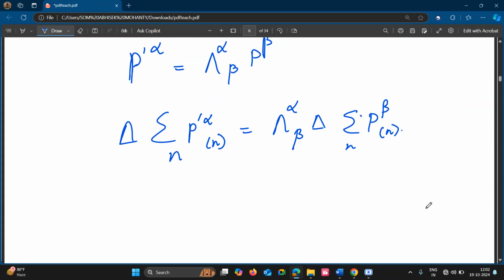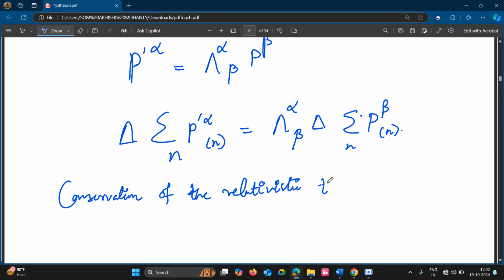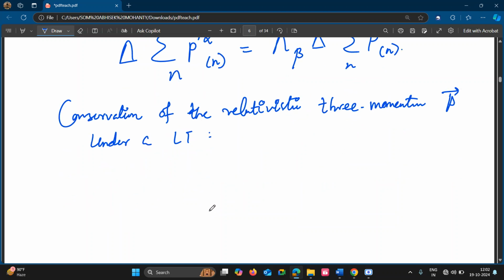So the conservation means what? Conservation of the relativistic 3-momentum p vector under a Lorentz transform means, what does it actually mean?